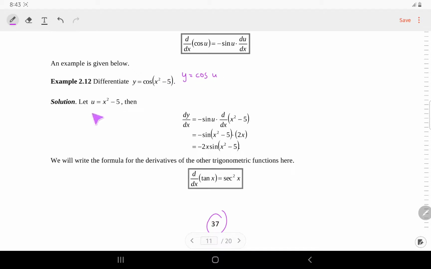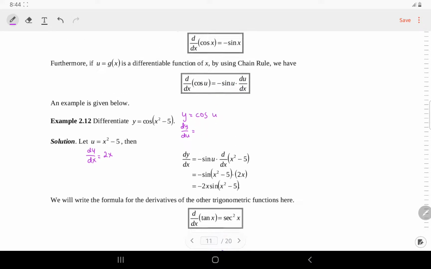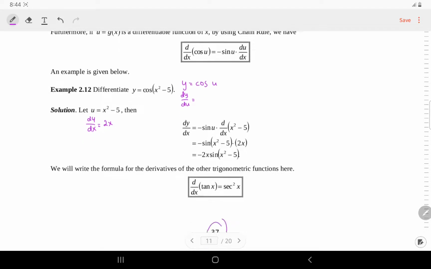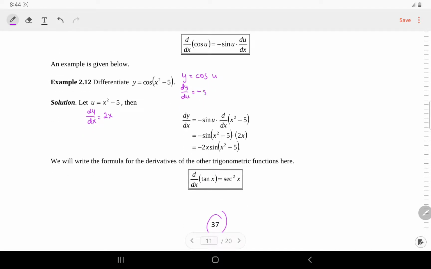Okay, and then we differentiate each of this function. Okay, du over dx, it will become 2x. Differentiate this, dy over du, it will become negative sine, so negative sine u lah kat sini. Okay, so kita multiply these two differentiation. Okay, dy over du multiply with du over dx.